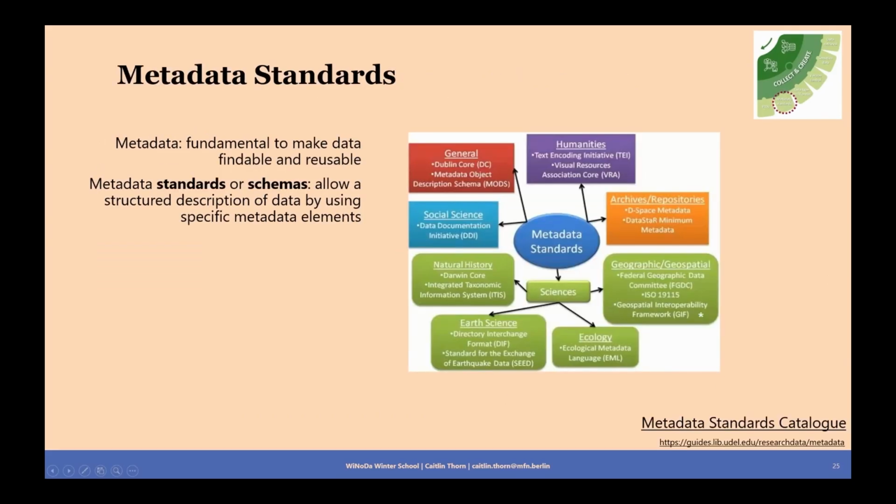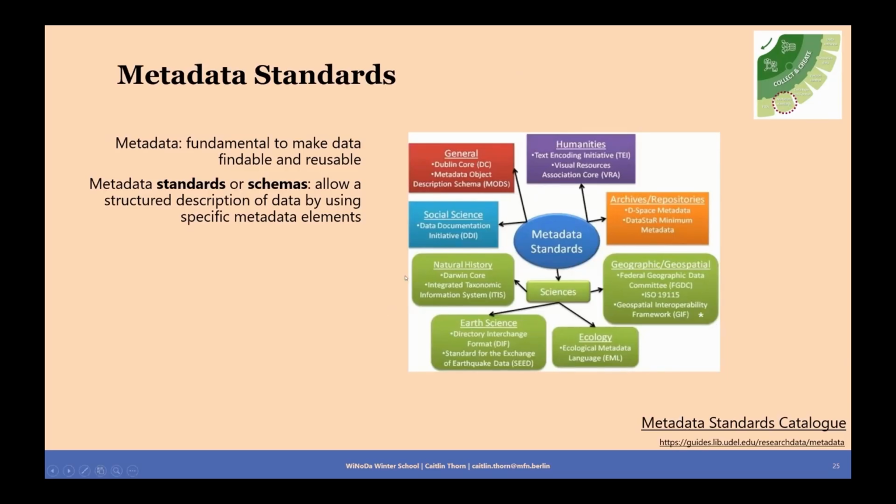So how do we document metadata? There are a lot of different metadata standards that we can use. Metadata standards allow a structured description of data by using specific metadata elements. There are all different types of metadata structures specific to any different field within natural history.